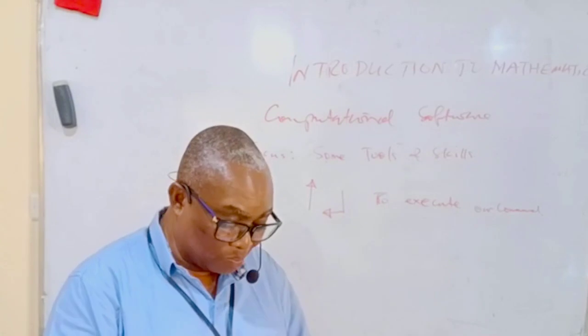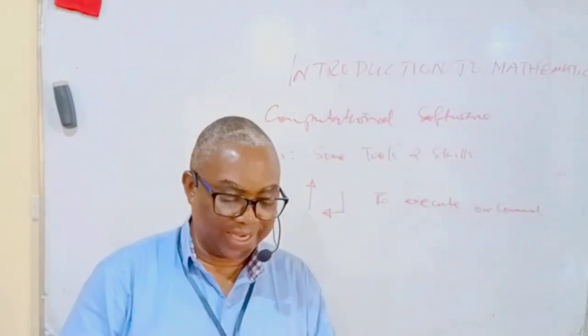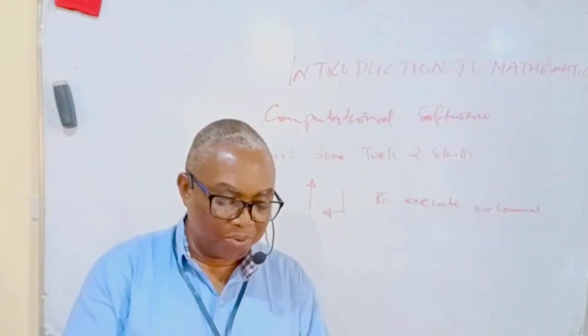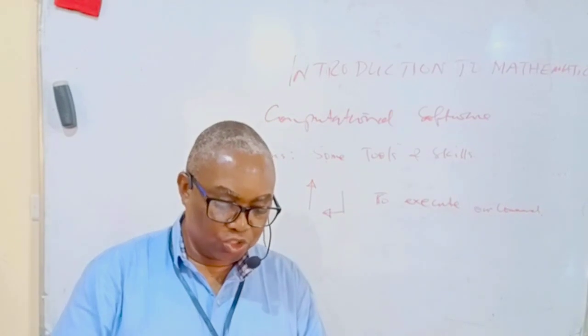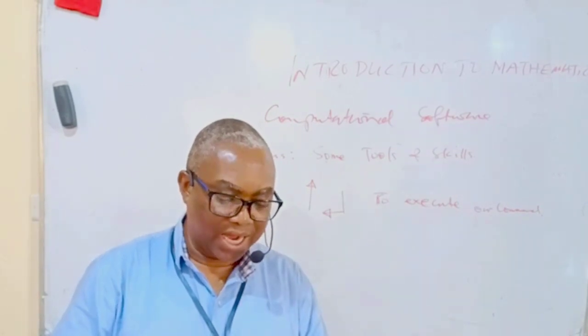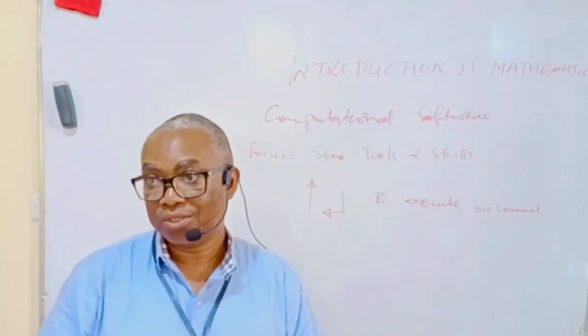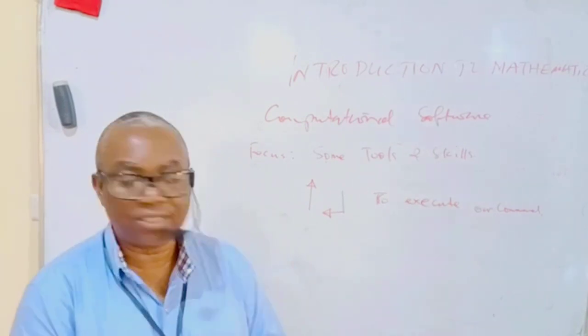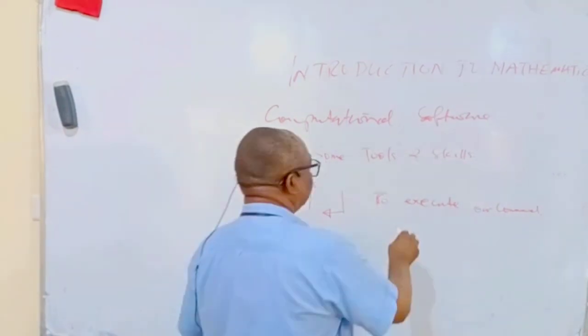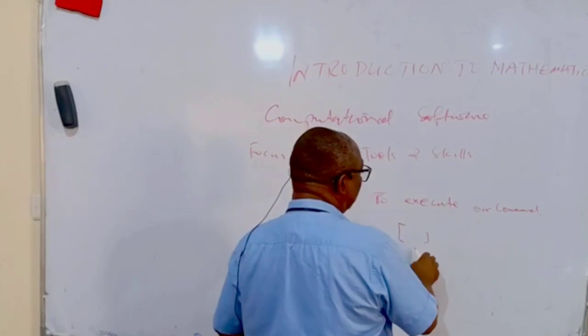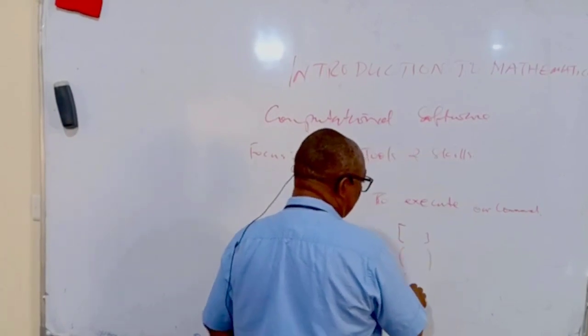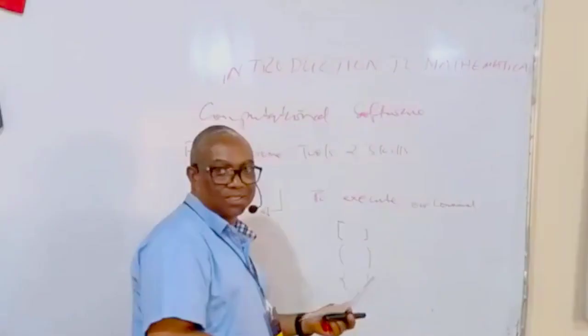Yes, I will come to the use of the brackets. I will be able to tell you what those brackets are as we go on. That's a square bracket, yes. When I come, I will tell you the use of these brackets.